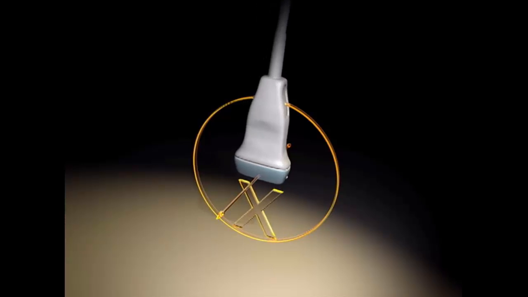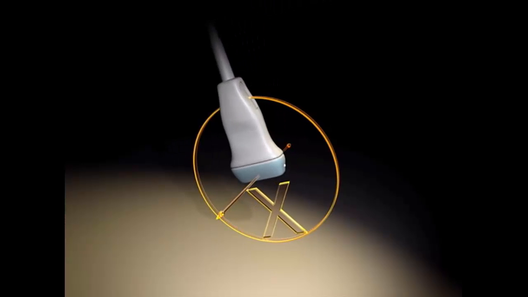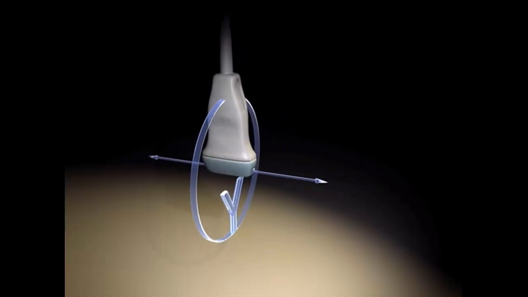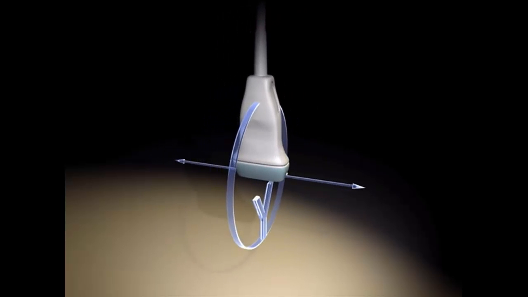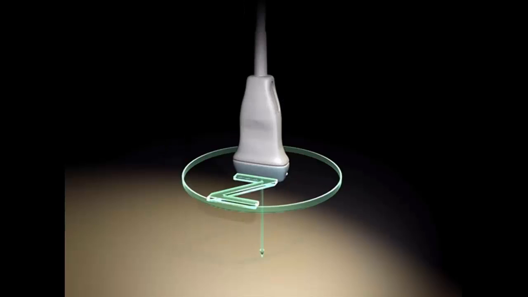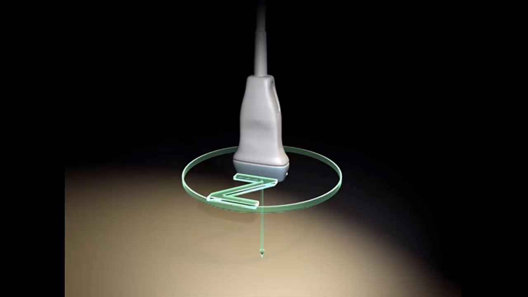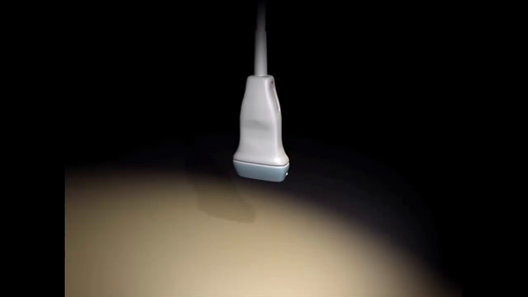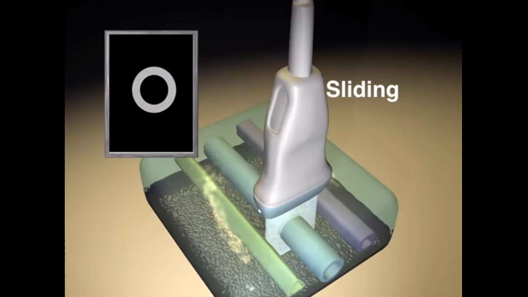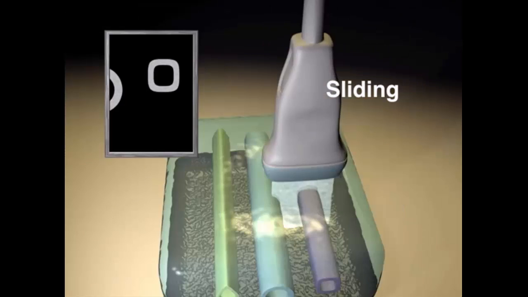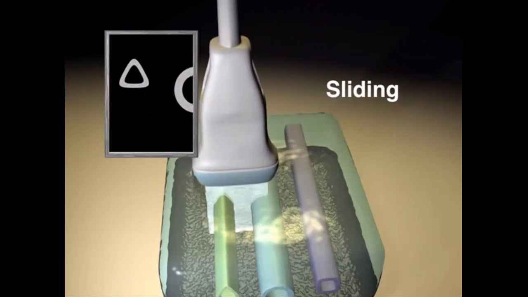Here we can see an ultrasound probe moving and pivoting along each of its X, Y, and Z axes. If we think about the motions we can exert with our probe, we can slide either up and down the structure or from left to right.